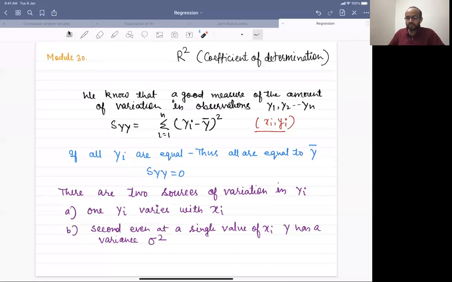And then we saw some interesting properties of least squares estimators, and then we got an estimate of what we call sigma square. Sigma square is the population variance in the response variable, which in general we have to obtain from the data. And we proved that the sum of squares of residuals is a good estimator of sigma square.